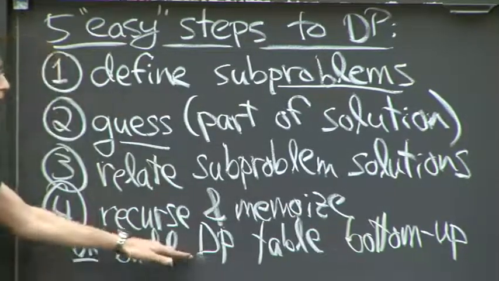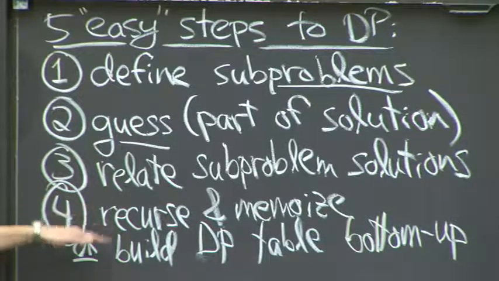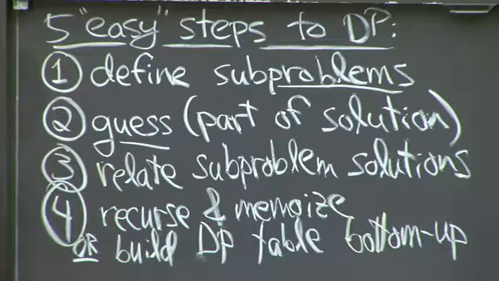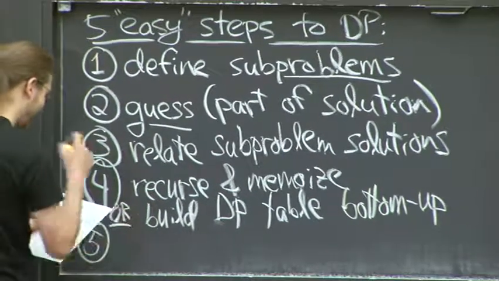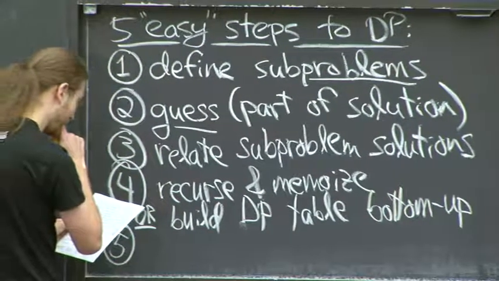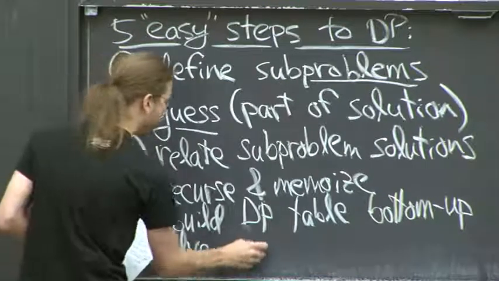And this is going to be more practical, faster, and so on. And depending on your preference, one of them is more intuitive than the other. But it doesn't matter. They have the same running time, more or less, in the worst case. OK. And the 5th step is to solve the original problem.